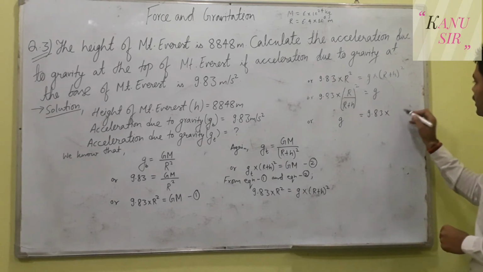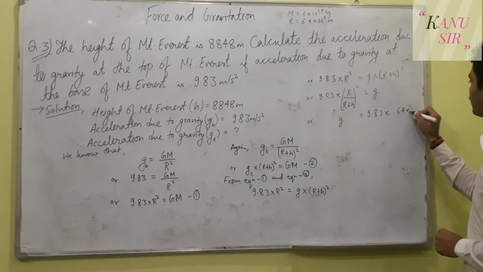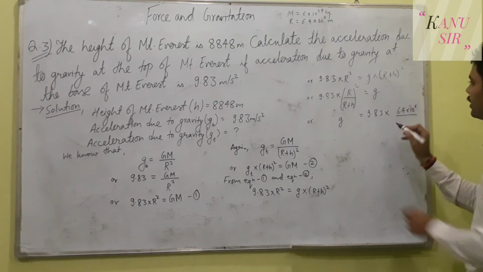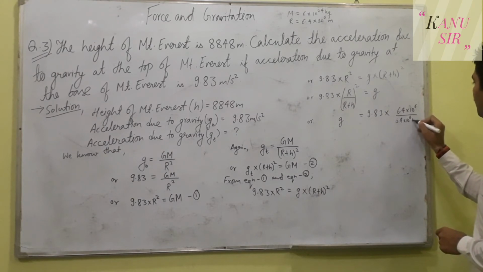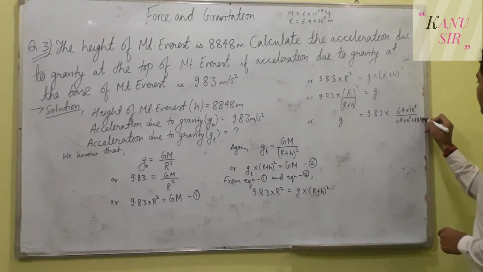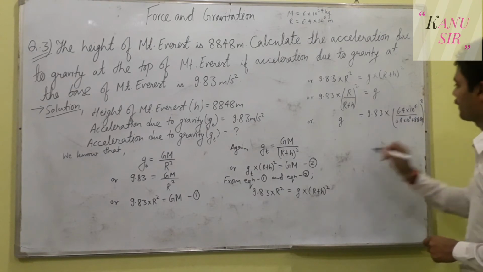So g is equals to 9.83 into 6.4 into 10 to the power 6 upon 6.4 into 10 to the power 6 plus 8848, whole square.